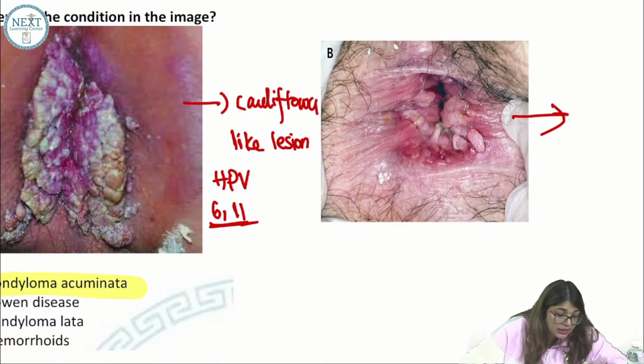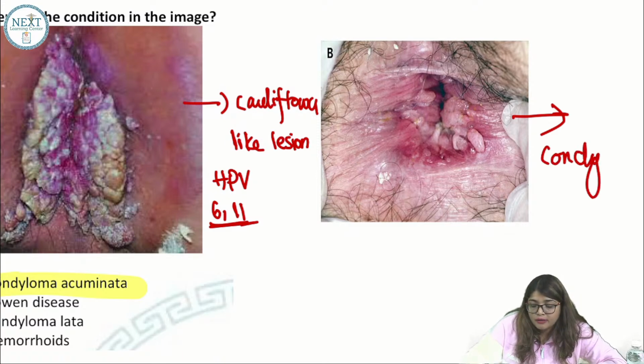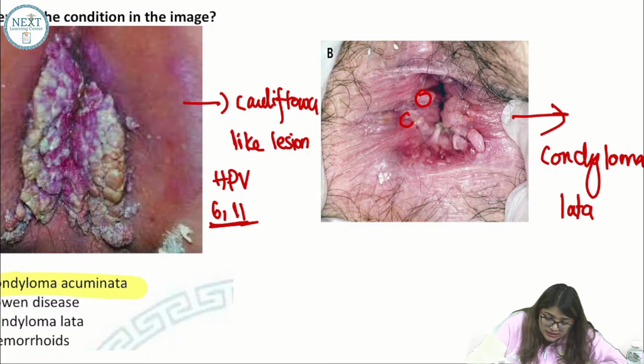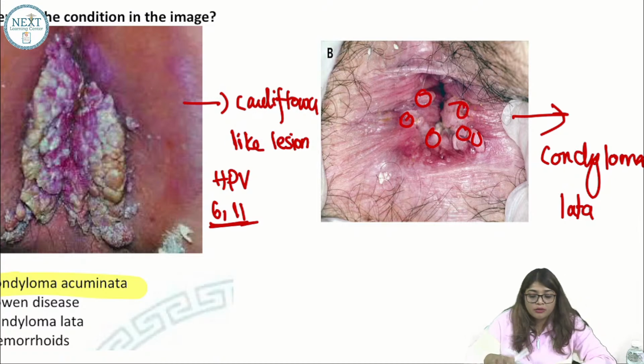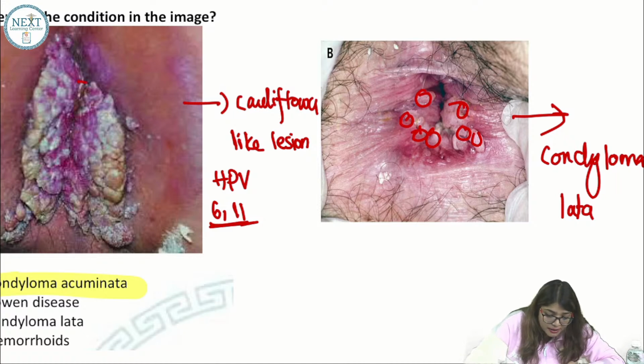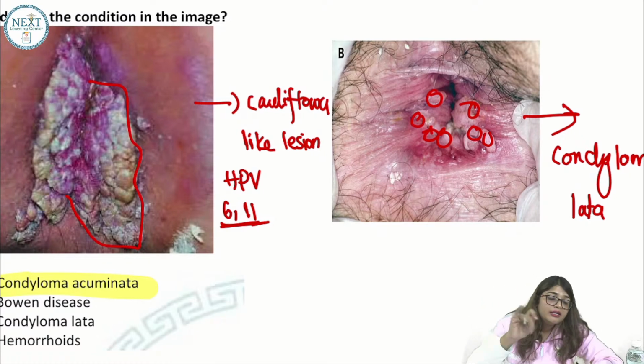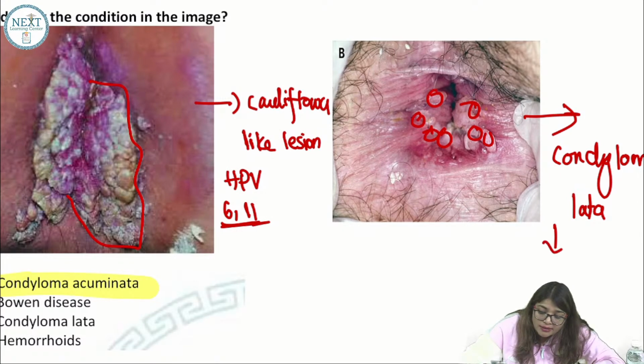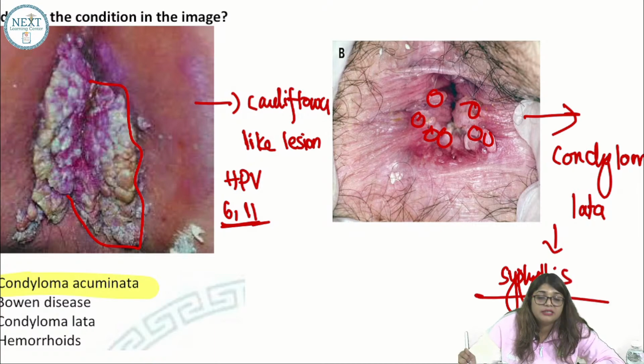Yes, very good. This is your condyloma lata. Can you see these are more papular lesions. So they are around anus. This is also around anus, but these are more papular, but this is more cauliflower-like. So this is how you differentiate. And condyloma lata is seen in syphilis, secondary syphilis.